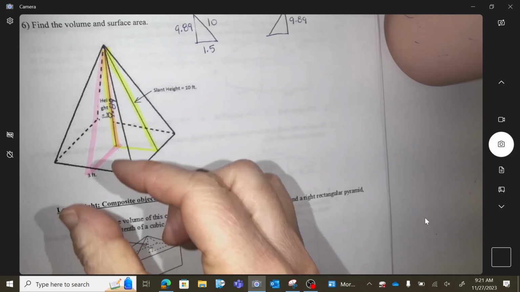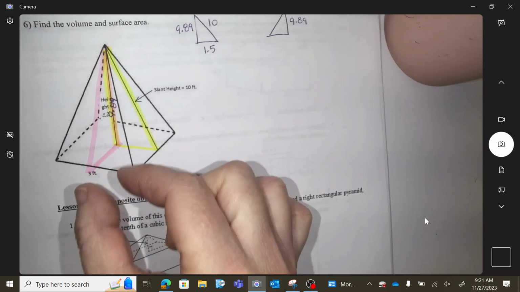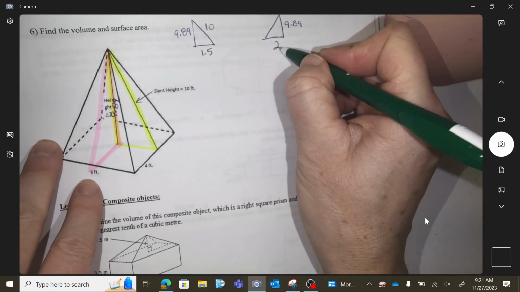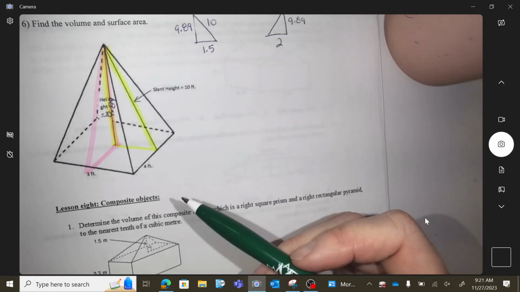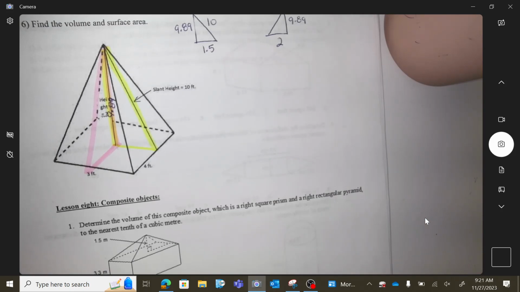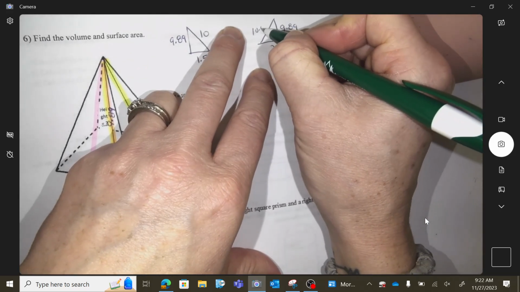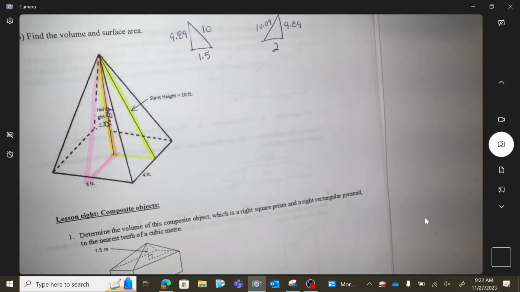Just that little section right there. 2? Okay, get me the slant of this side. It's the add version. Okay, I got a 10.09.